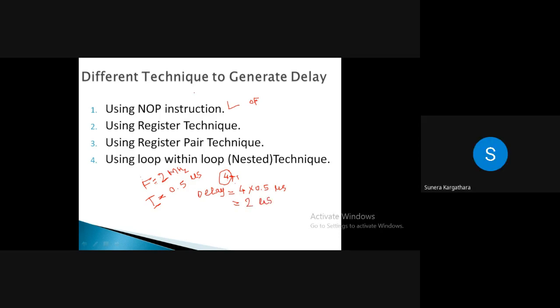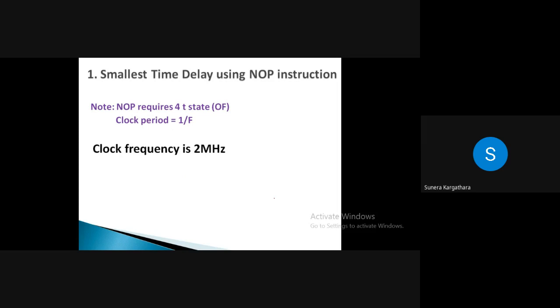So if I write a NOP instruction in between two count values, you will get a delay of 2 microsecond, which is the smallest delay that we can get through the NOP instruction.